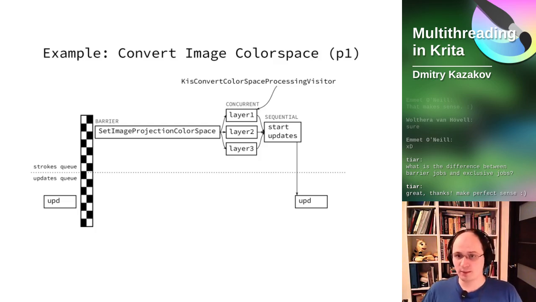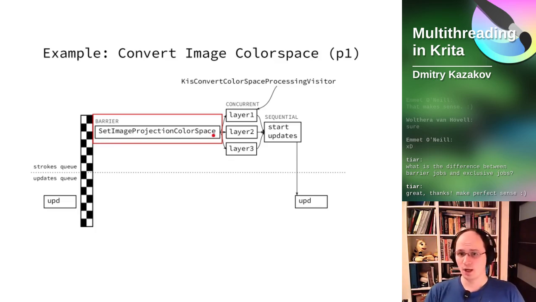So to convert image color space, we need to do 4 things. First, we need to change metadata in the image object, that now this image's projection is, for example, grayscale. So we have this undo command. This is set image projection color space.